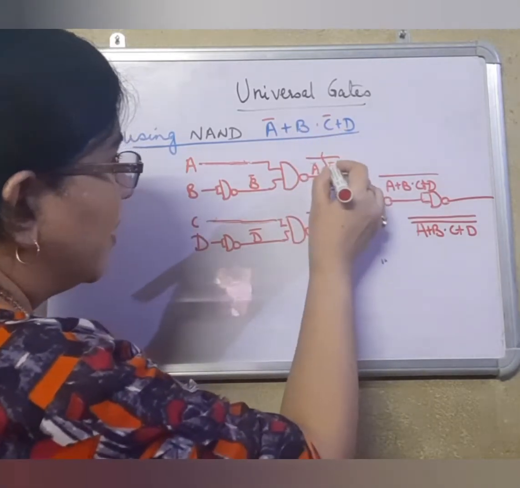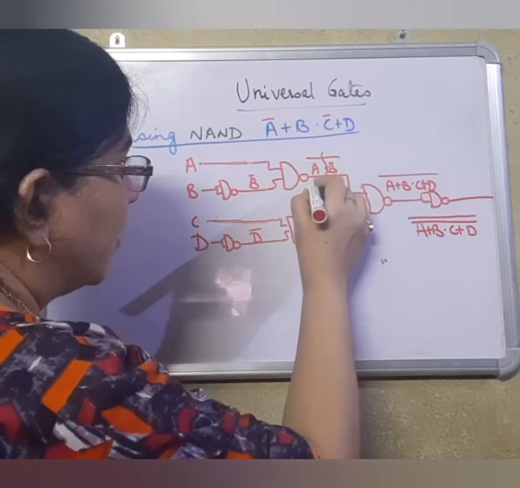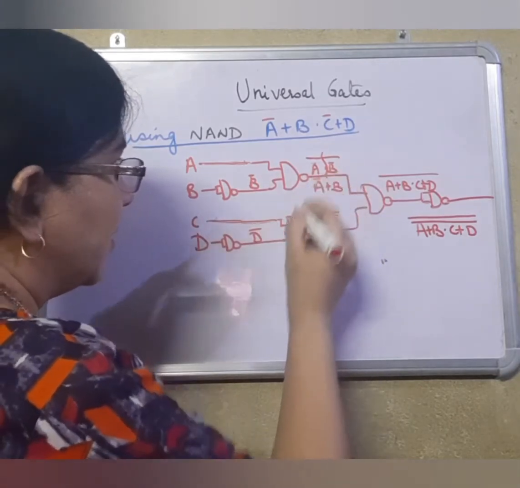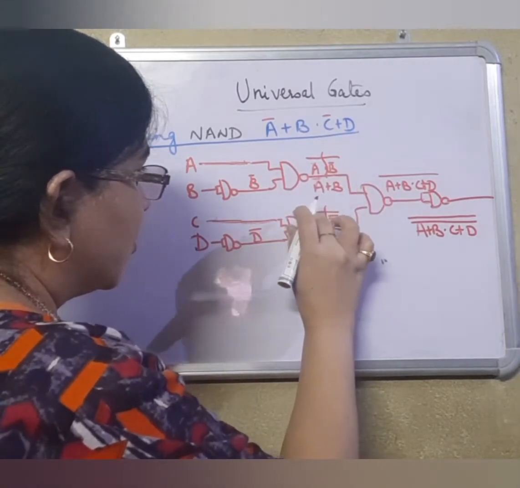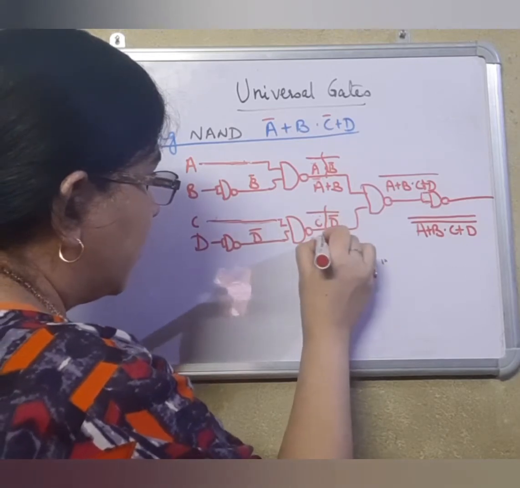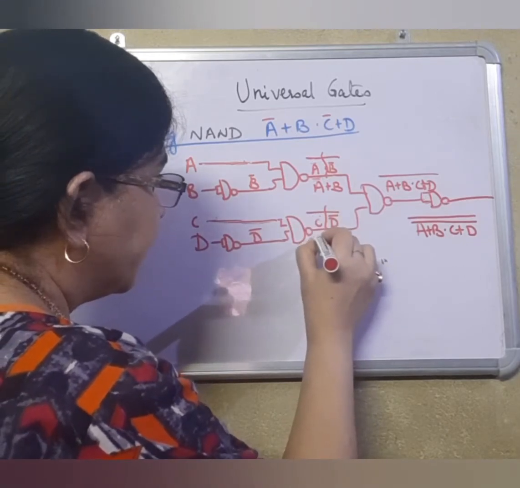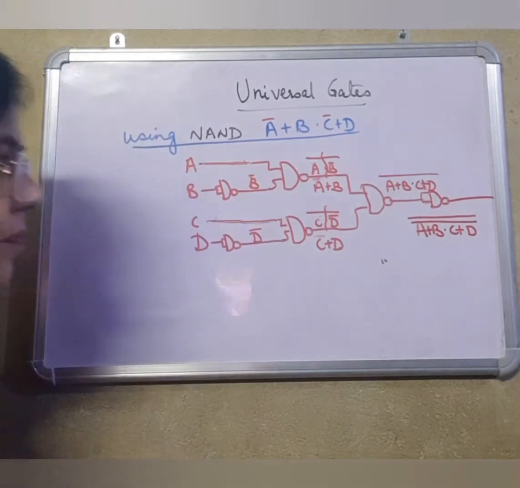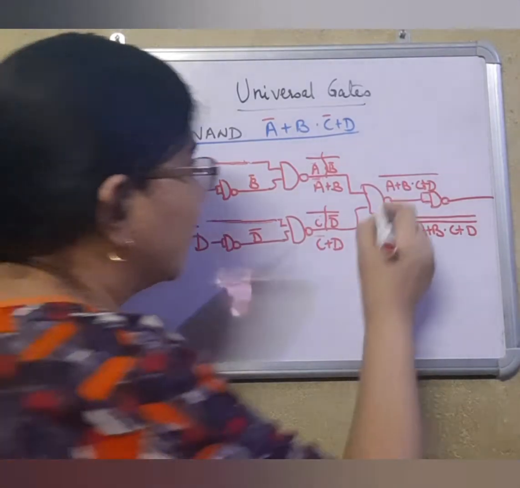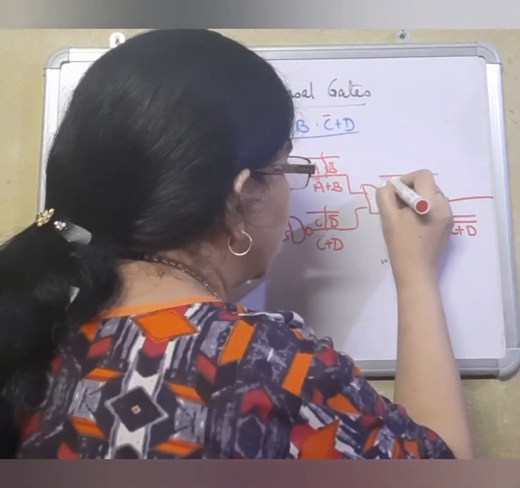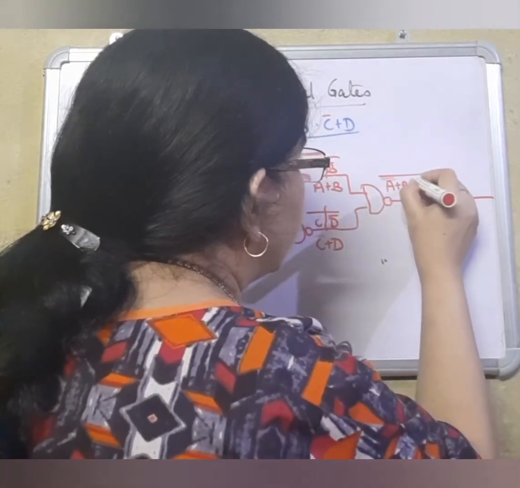A dot B bar will be passed and whole bar. You get A bar plus B here. Similarly here also. C bar plus D. And then here we are getting A bar plus B and C bar plus D.